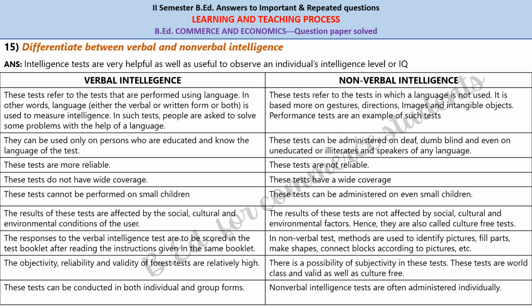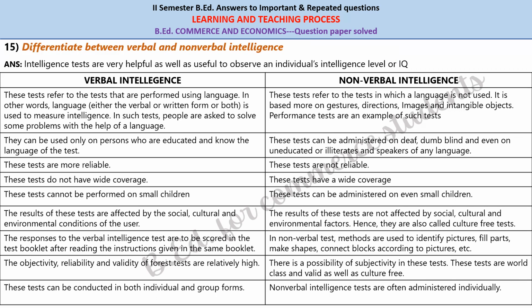The verbal intelligence tests are more reliable, whereas the non-verbal intelligence tests are not that reliable. The verbal intelligence tests do not have wide coverage, whereas non-verbal intelligence tests have wide coverage.